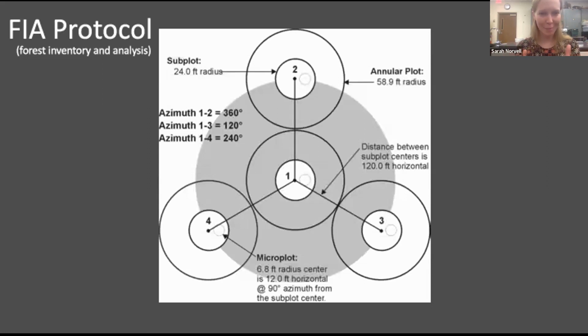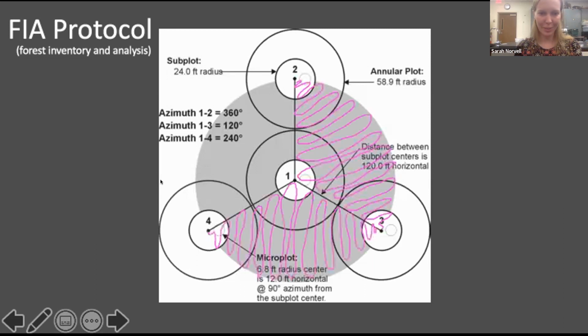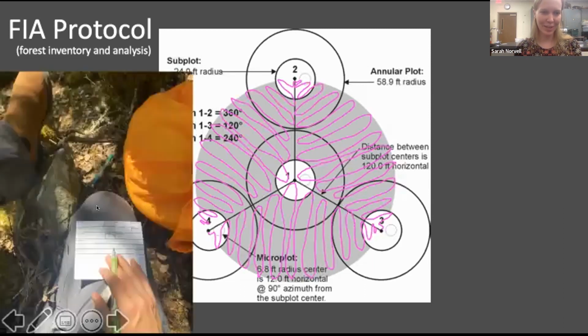You're on a 2-hour limit, and you basically just sinuate through the plot, slowly collecting new species as you encounter them. I have a little bag of lichen packets I walk around with, and I put a new species in a packet and label it as best I can based on my field ID. And then I will record the substratum and an abundance rating that's also provided by the FIA protocol.